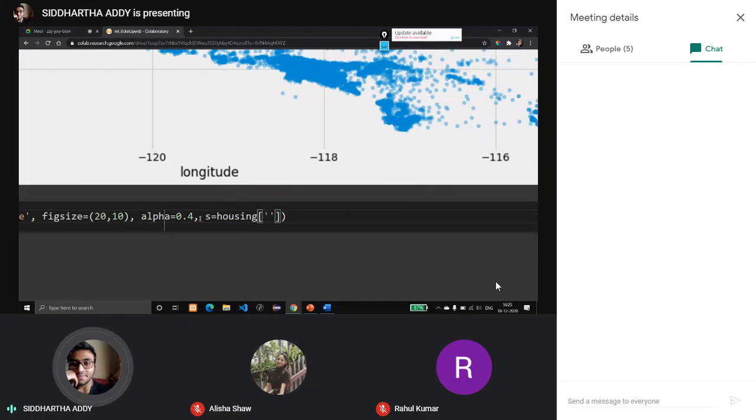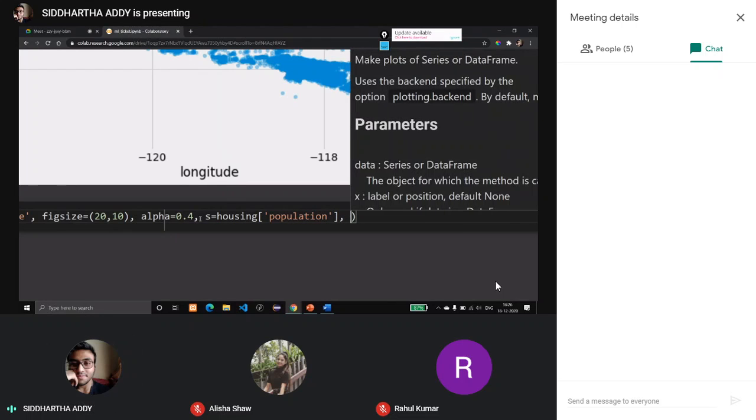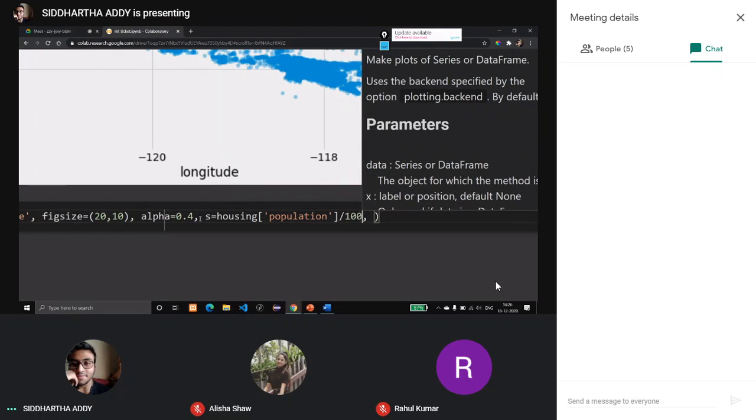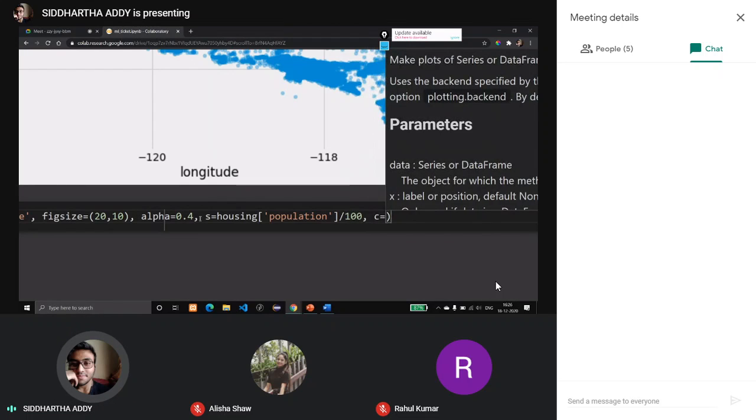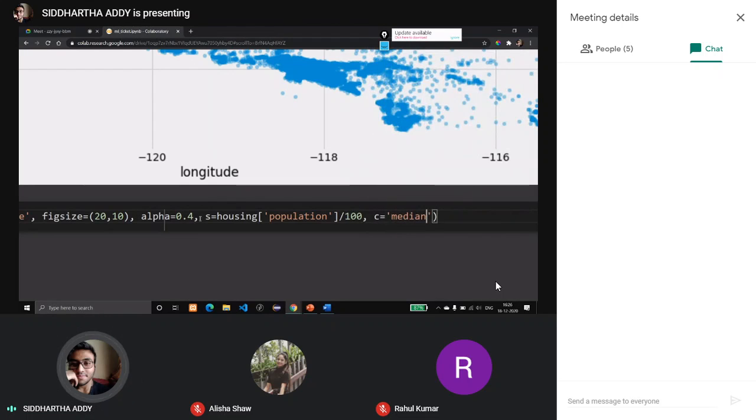I'm going to explain the whole code again, so don't be terrified. And not only the population parameter, I'll also be adding, let me remember, I think it was median house value. You know, the final value that needs to be predicted.